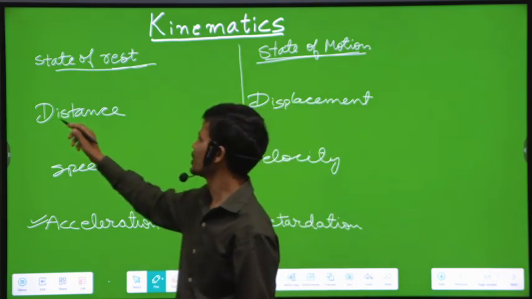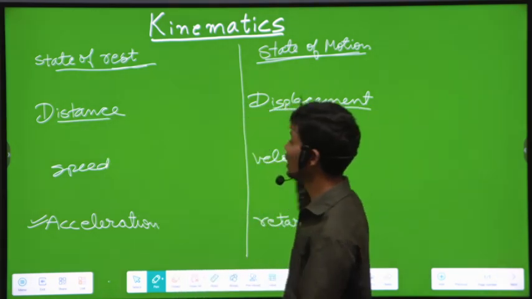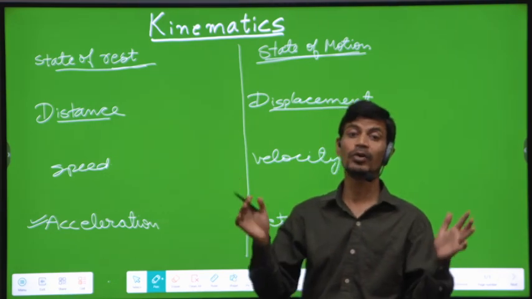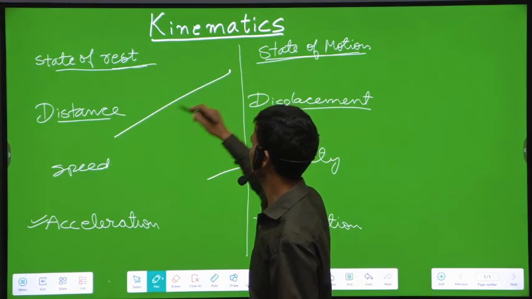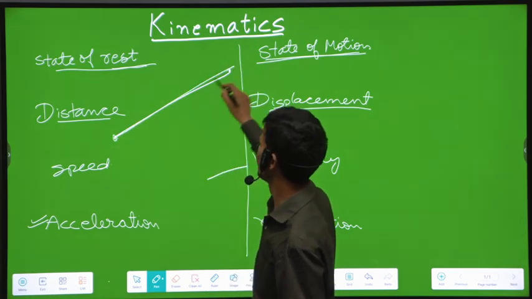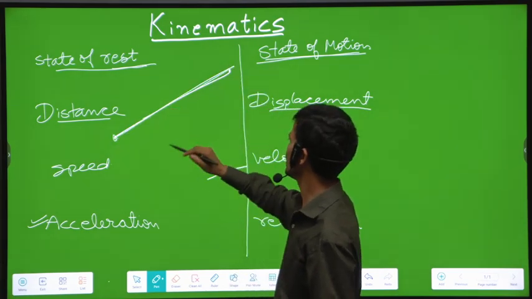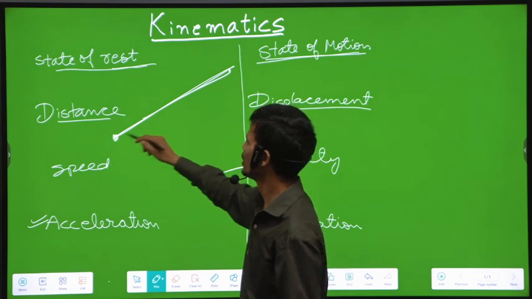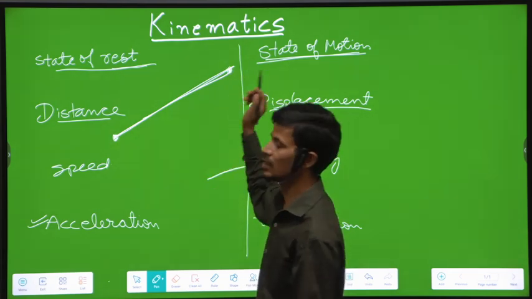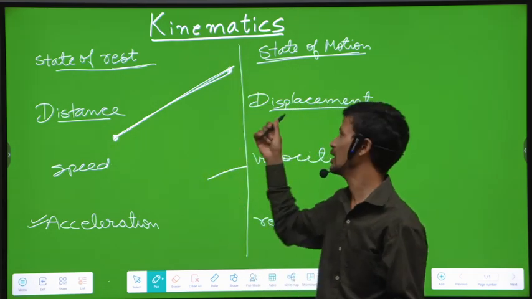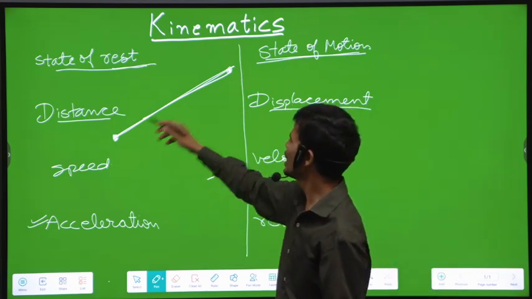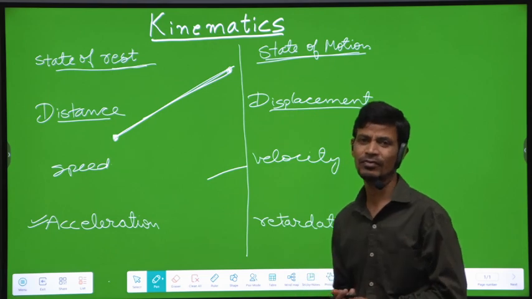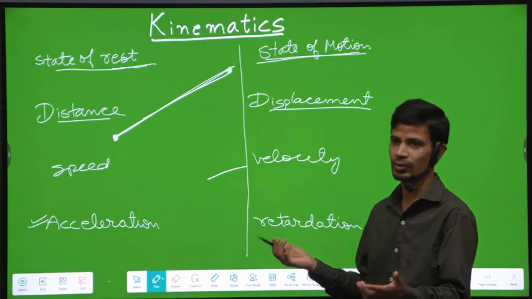Then there come distance and displacement, so they are not dependent upon how the body is moving. If the body is moving in this way, if we are interested in finding the length of the path, then that will be distance, and if we are interested in just the end points and the straight line separation between them, then that is displacement. In this case it looks like both things are the same.